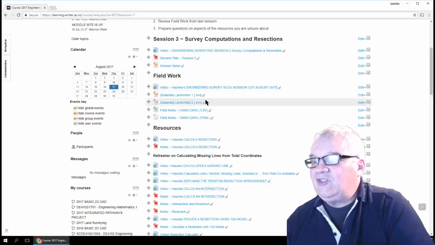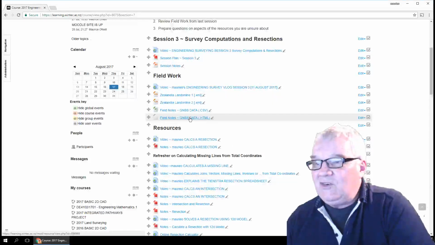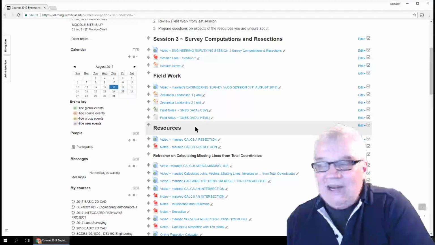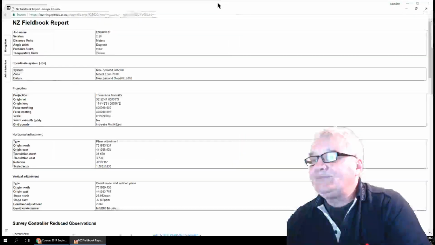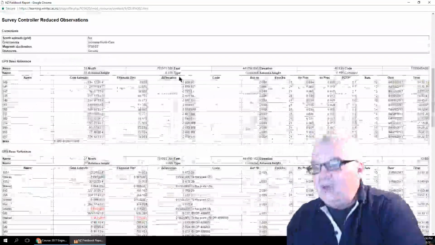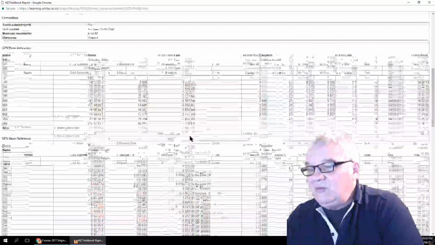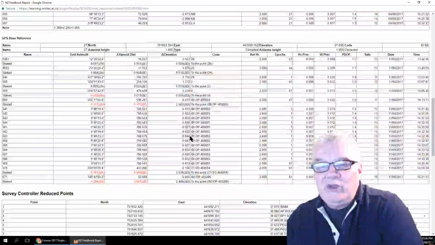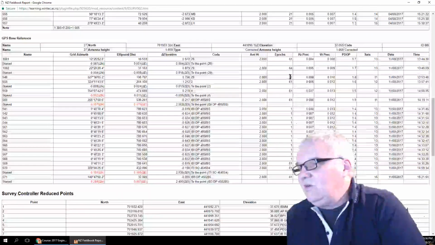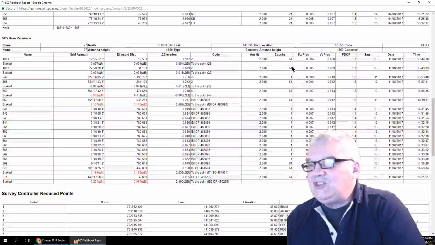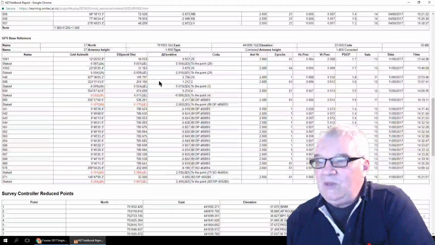We've already previously discussed the Land Online XML, and this is the field data that we collected from the data recorder. So I've downloaded it. I'll look at the GNSS data, which is here, and you can see the work from the previous week, where we were locating marks and did some measurements. And here is the work from last week, where we did 60-second observations at these various marks here, which we are aware of, and we will be using this data.